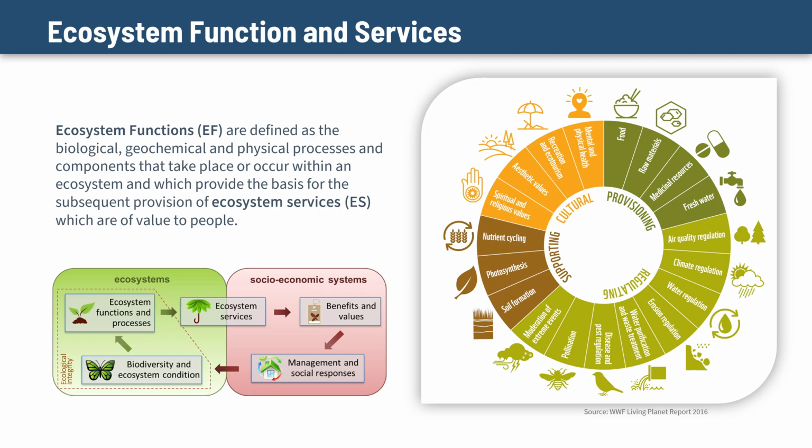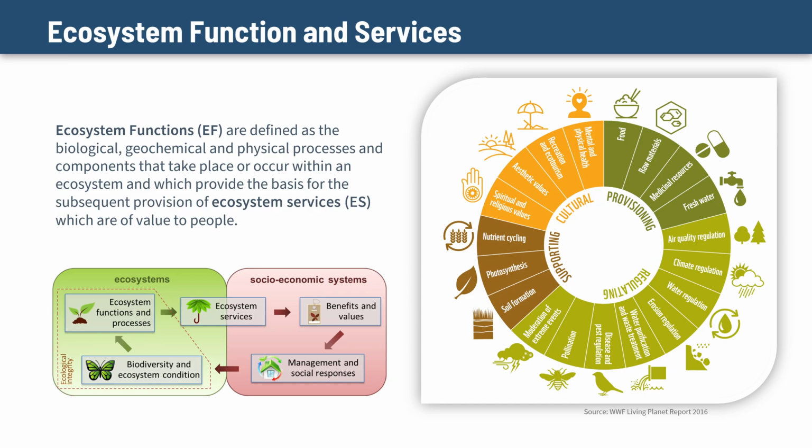The diagram on the left provides a conceptual illustration of how ecosystem functions that are occurring within natural assets produce a flow of ecosystem services that are of value to people. The diagram also highlights that our economic practices and management responses impact the extent and condition of ecosystems and thereby affect the performance of the ecosystem functions that are occurring within them.